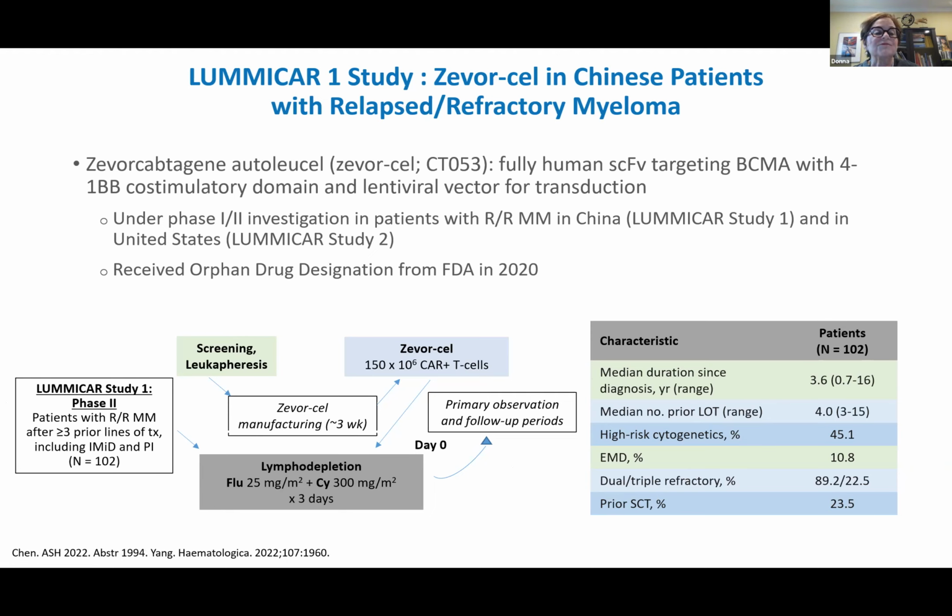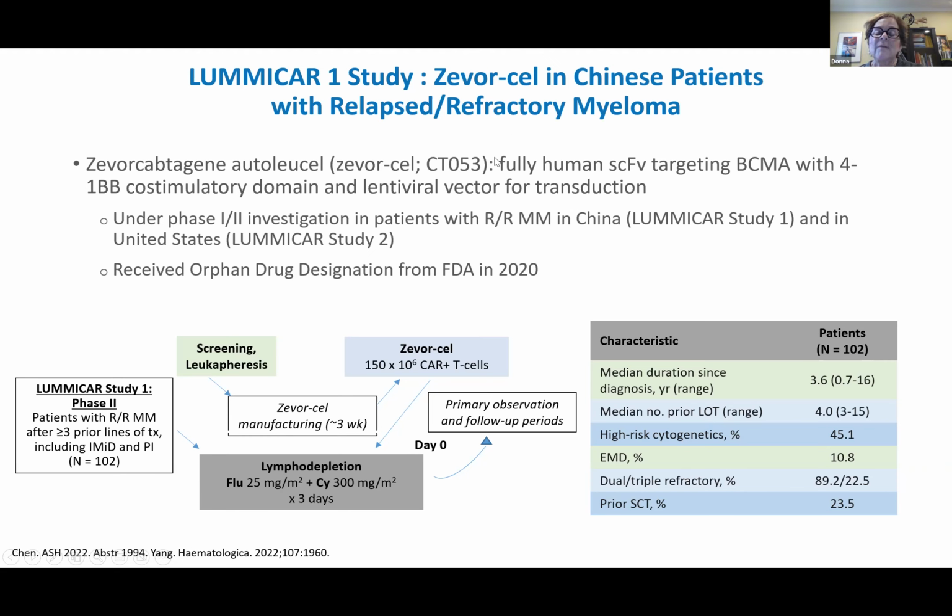Those trials are finished, except for one, and that's the LUMMICAR study that is now being done as LUMMICAR 2 in Canada and other jurisdictions. But the basis is this platform that we call CT053. The company is Carsgen, and the first trials were done in China, which is interesting.